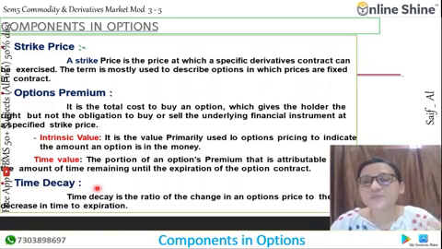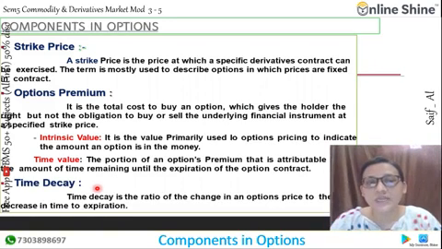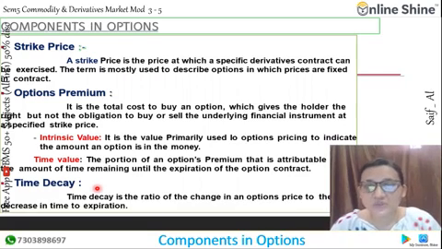So that is called the time decay, the ratio of the change in the option price to the decrease in the time to the expiration or maturity date.